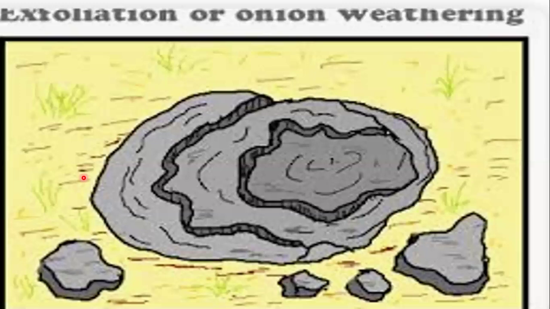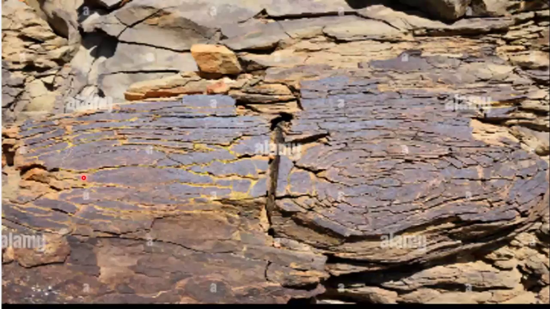The loose layer may peel off as concentric layers. Here we can see the loose outer layer of the rock has peeled off. This type of weathering is known as exfoliation.